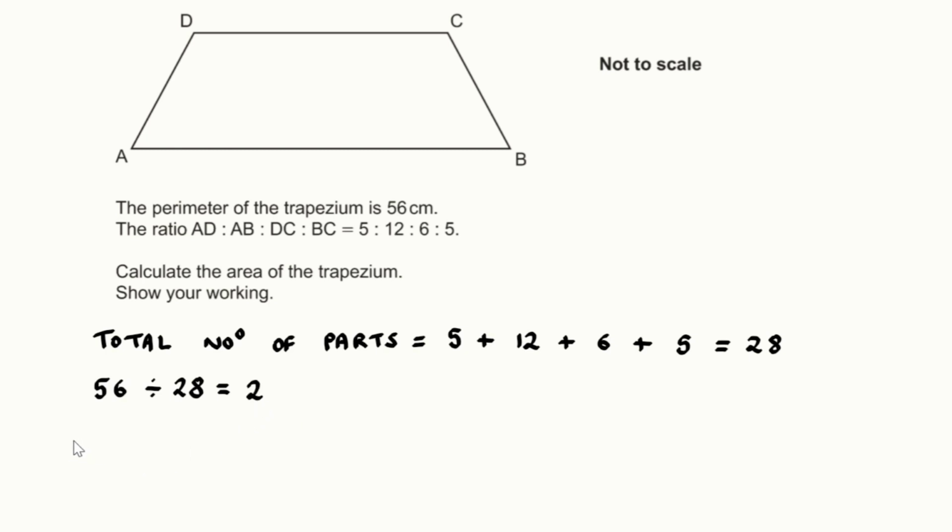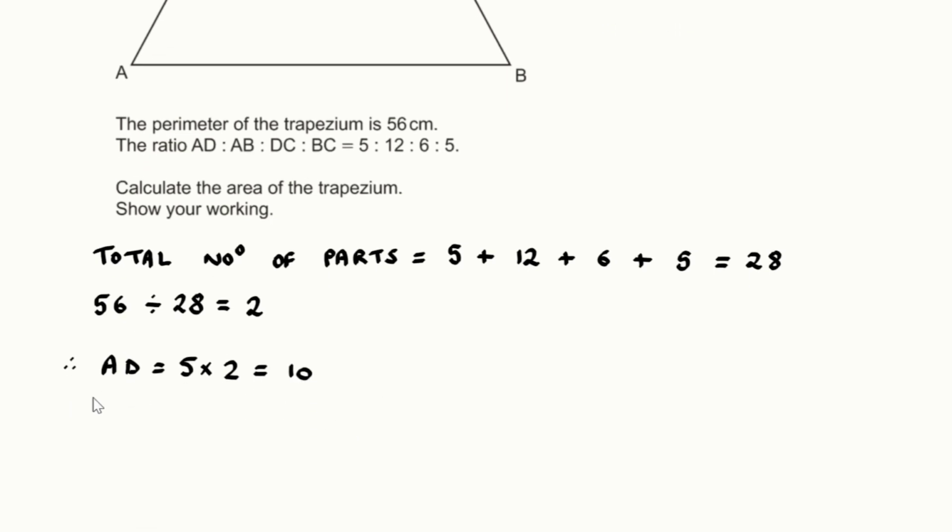Then we can conclude that AD is 5 times 2, which is 10. AB is 12 times 2, which is 24. DC is 6 times 2, which is 12.